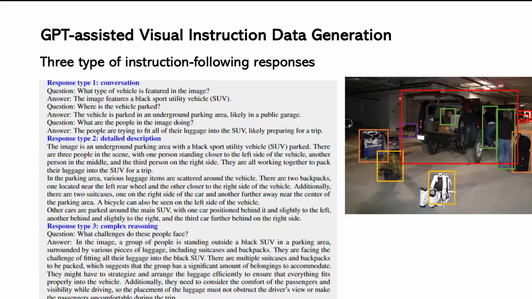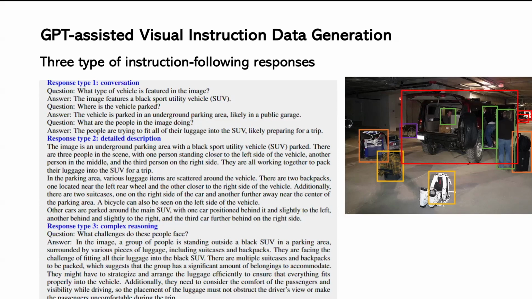The second type of instruction following data, we call it a detailed caption, which is trying to describe the image as detailed as possible. You may imagine there will be a long sequence which tries to describe every single patch of the original image. And the last one, we call it complex reasoning. For this type of instruction, it's not about the content of the original image.